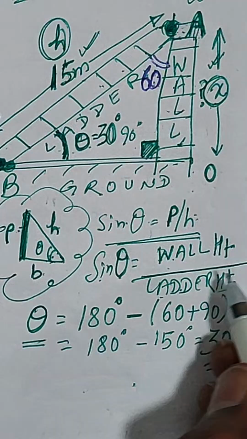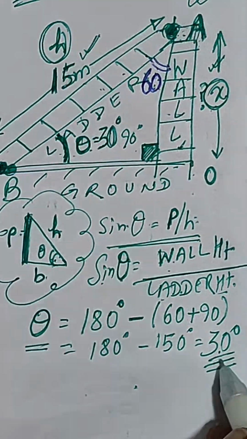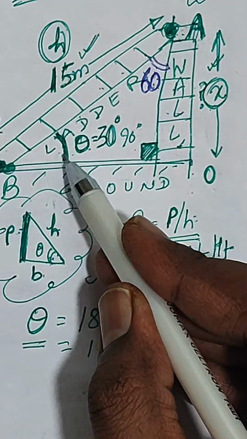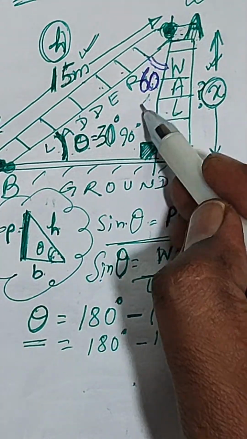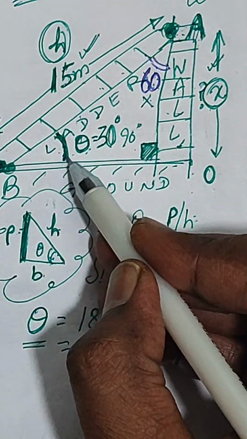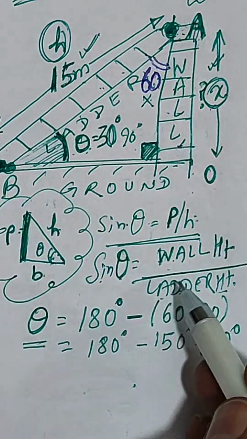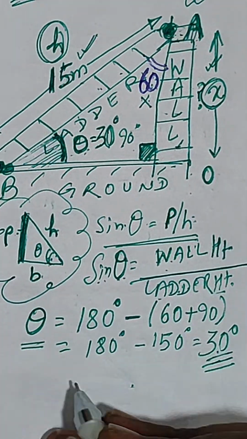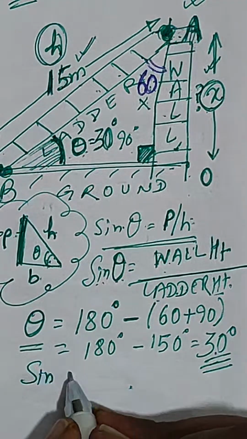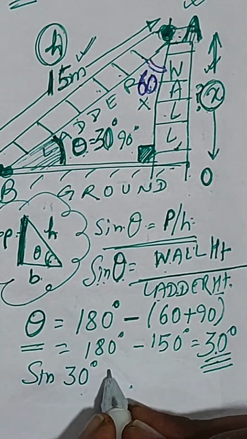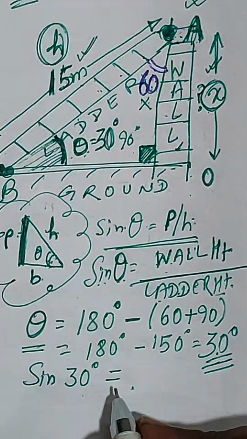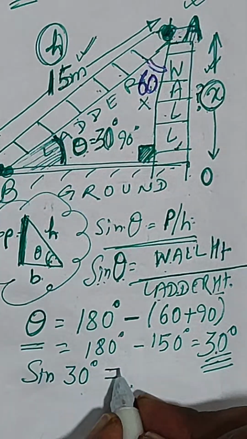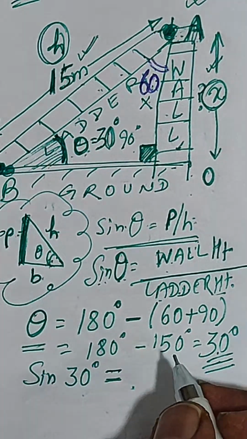Okay, so 30 degrees is the angle. So theta should be 30, not 60. Make sure, right? So if you take the value of sine 30 degrees, this will give the ratio of wall height by ladder height, right? You are smart enough, let me also solve, we will match our answers.